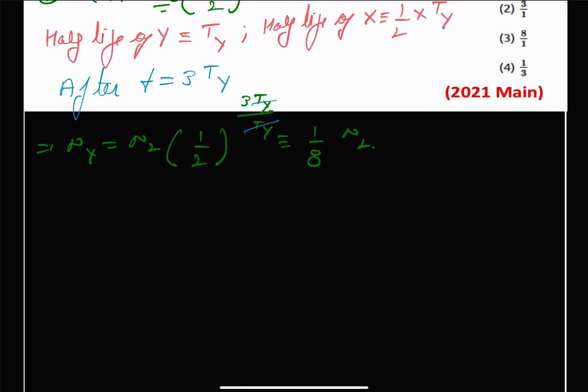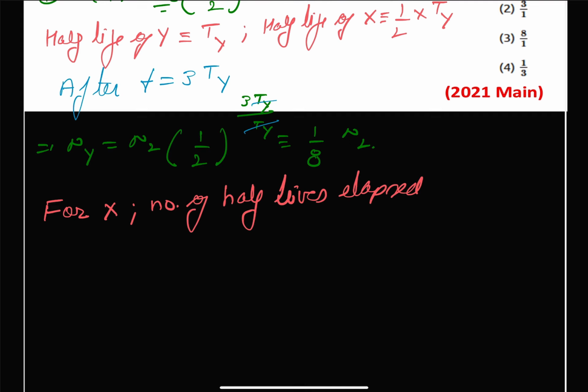This was for Y. So we can say for X, number of half-lives elapsed will be equal to t upon its t half.